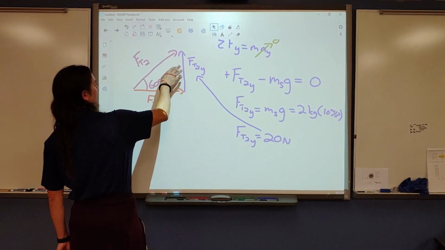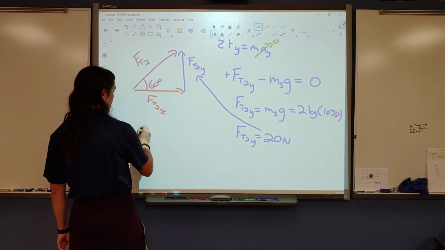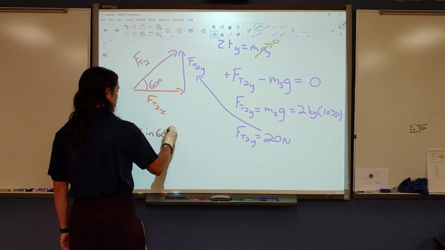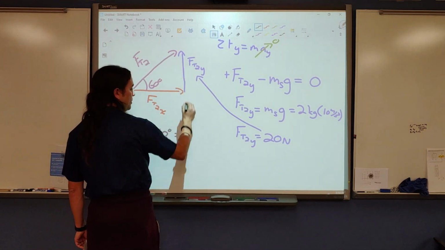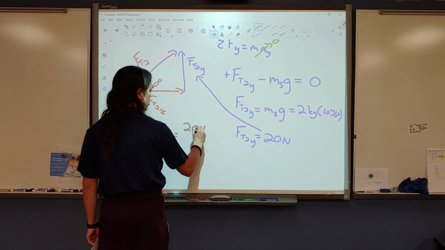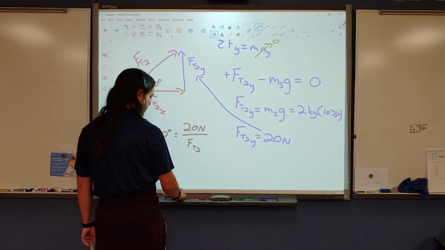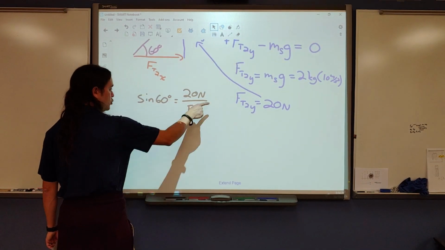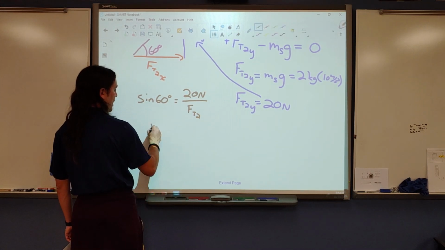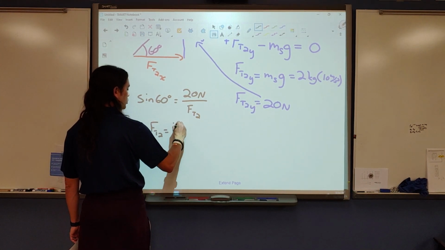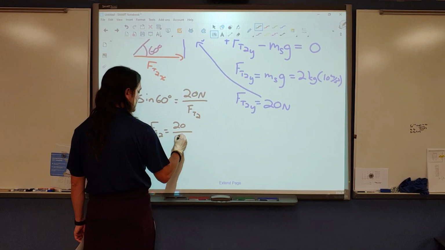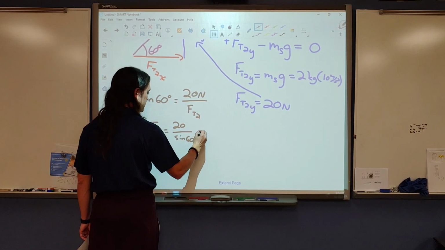But if this is 20, now I know one side of my triangle. I've got the opposite side, and I want the hypotenuse, so I could go with sine of 60 degrees, my angle, equals my opposite side, which we now know is 20 newtons, over my hypotenuse, which is FT2. I now do a little bit of algebra, and I can find that FT2 is equal to 20 newtons divided by sine of 60 degrees.